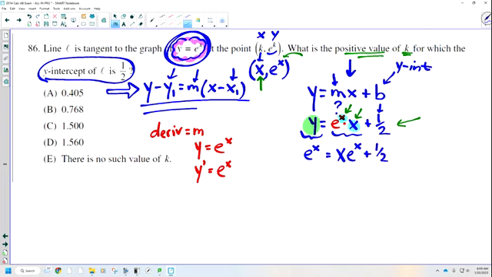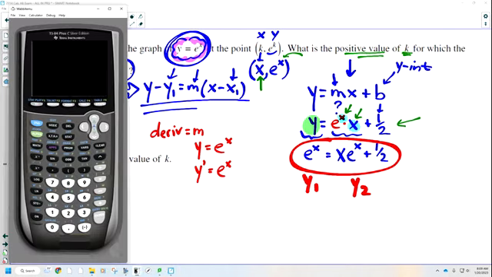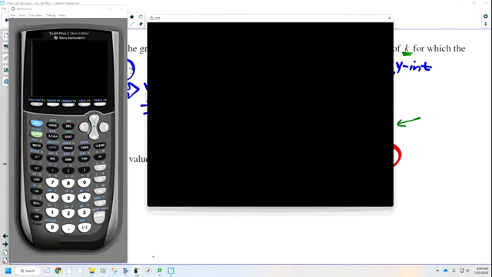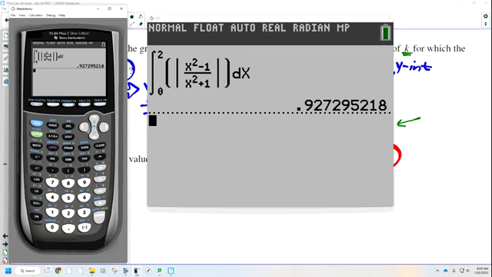Ooh. Now what I have here, I like it. Why do I like this? Because now I'm going to put this one in y1, this one in y2, and see where they intersect. I am almost certain they will intersect at two places, a negative x value and a positive x value. Remember, we want the positive.